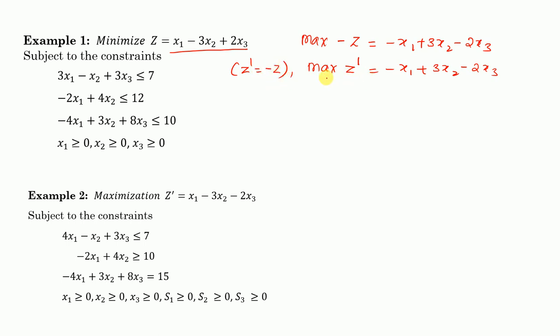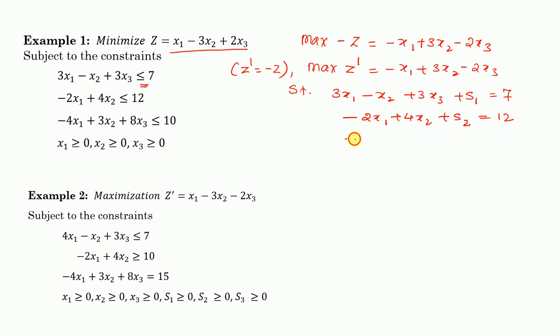So the problem is maximize z dash equal to minus x1 plus 3x2 minus 2x3, subject to the constraint. Here this is less than equal to, so you can write 3x1 minus x2 plus 3x3 plus s1, this equal to 7. So here this is slack variable. Again this is less than equal to, for second equation minus 2x1 plus 4x2 plus s2, this equal to 12.